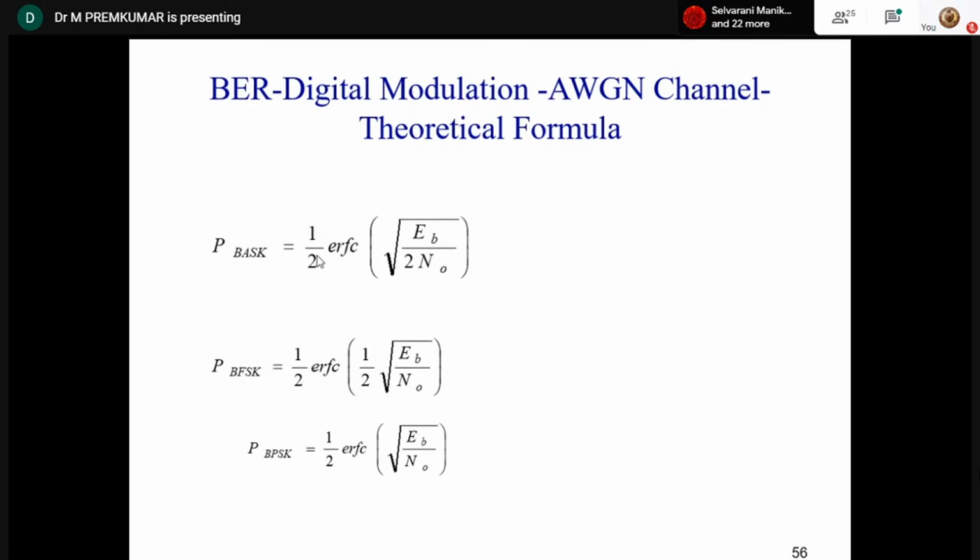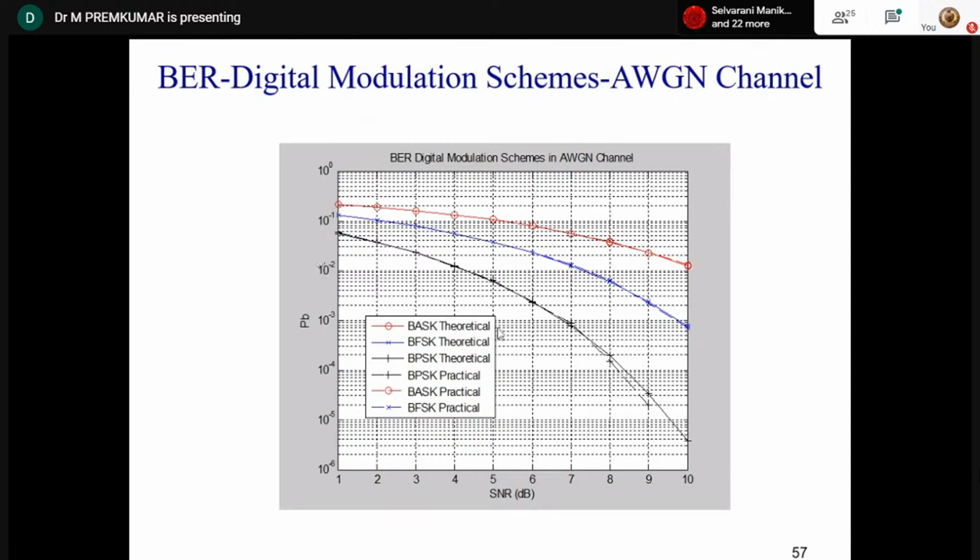You can work on MATLAB, Scilab, or whatever software, and ultimately you have to get this sort of performance metric, with signal to noise ratio on the x-axis and probability of error on the y-axis. This is for an AWGN channel.